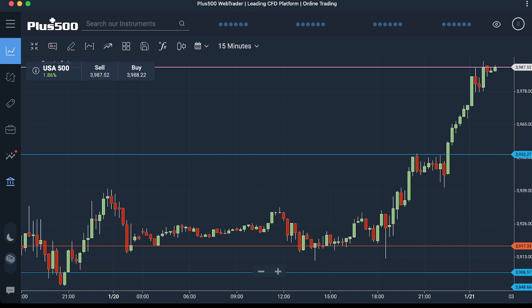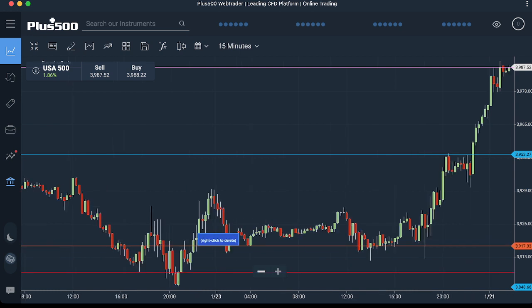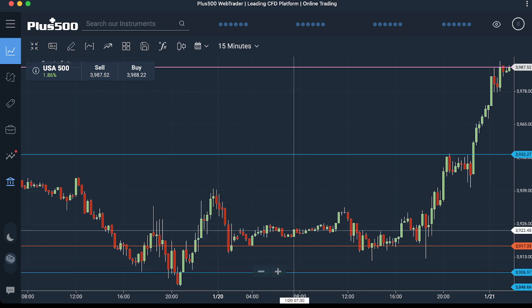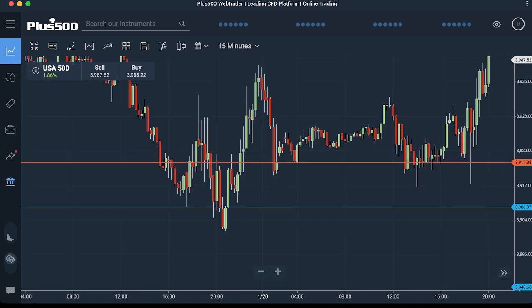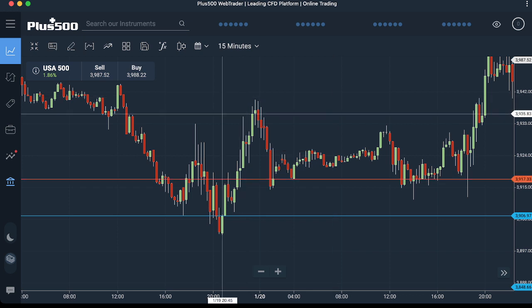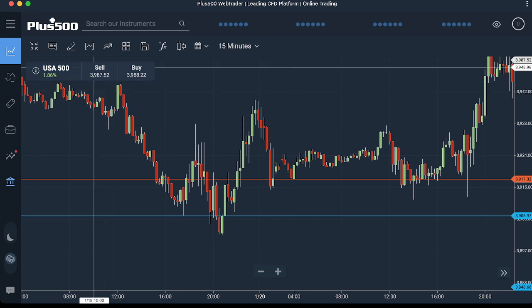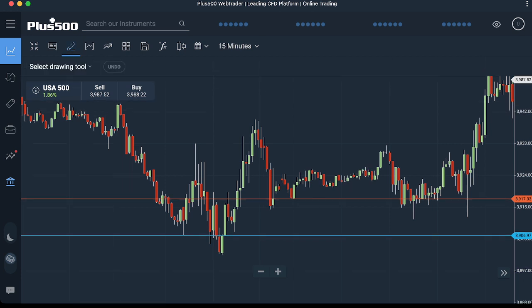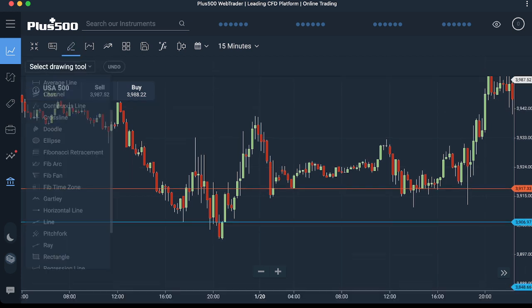This is our second entry type based on the 15-minute chart, and the logic is the same as the previous entry type. It means you're going to grab that reversal candle in the 15 minutes.